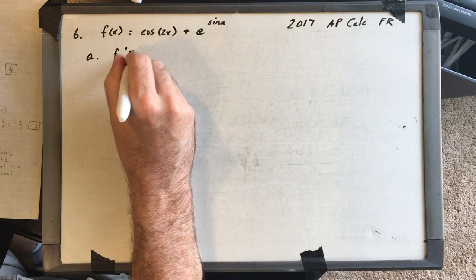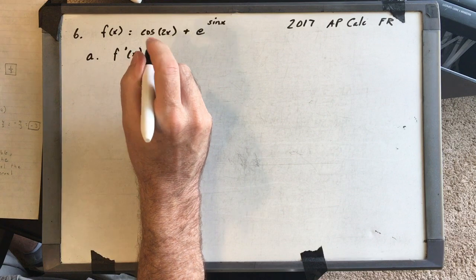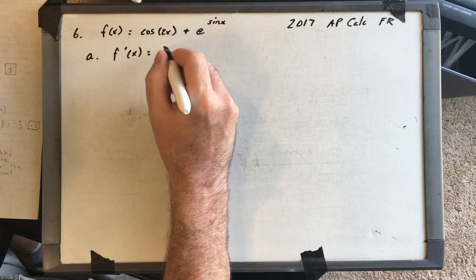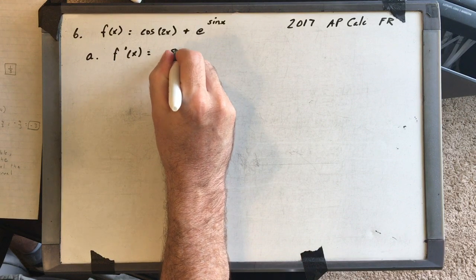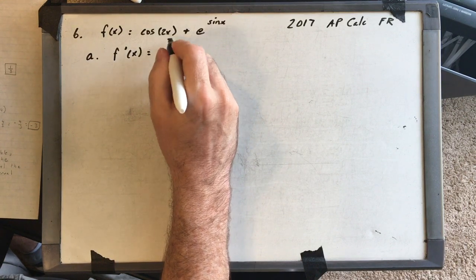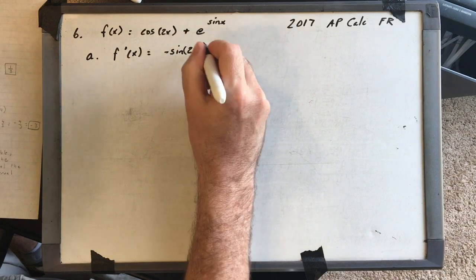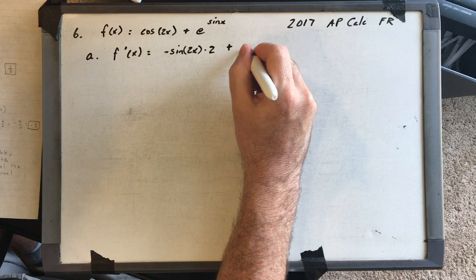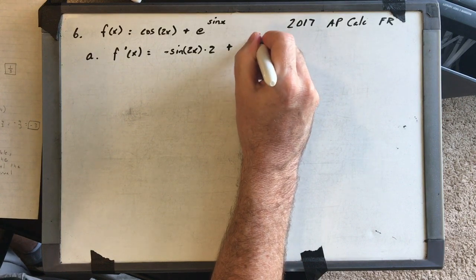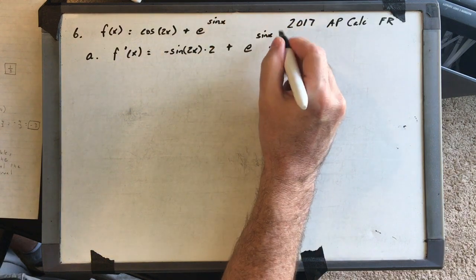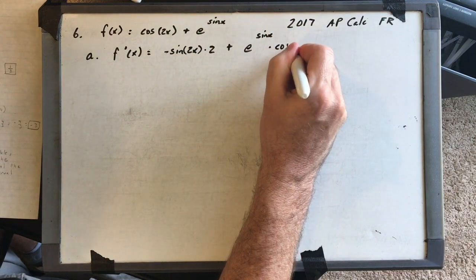So f prime of x is going to be, all right, the derivative of cosine 2x would be minus sine 2x times the derivative of that inner function, so times 2, plus e to the sine x times the derivative of the exponent sine x, which would be cosine x.